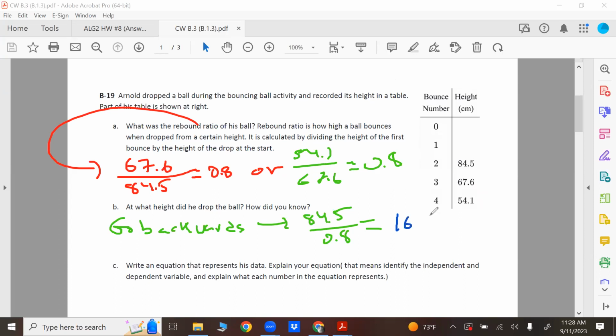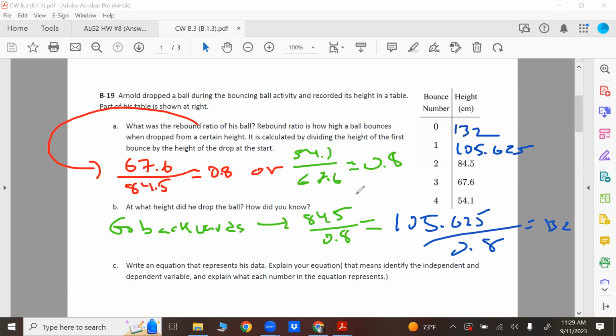Wait, 105 or 169? I'm confused. Okay, so Jack can tell me again. 105.625. Okay, now do it again. If you do it again, what do you get? We'll say 132, roughly. That's how you drop the ball.